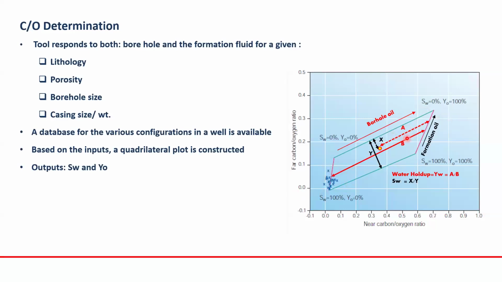From this envelope you can know what is SW and what is the holdup. SW comes from this one, and SW is XY, this one versus this one will give you SW. Water holdup, okay, is A or B, this one or this one. Okay, so we have a quadrilateral plot. We have the data. If the data is here, from this technique we can know how much SW and how much water holdup.